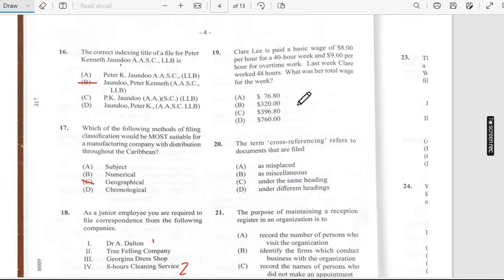Alright, so see if we could do a little bit calculation here. So we have $8 per hour, right? For 40. So 40 times 8, guys, will give us 320. Alright? So 40 times 8 is 320 and 9.6 per hour for the overtime. How much overtime did she do? And it says last week Claire's worked 48 hours. What was her total wage?